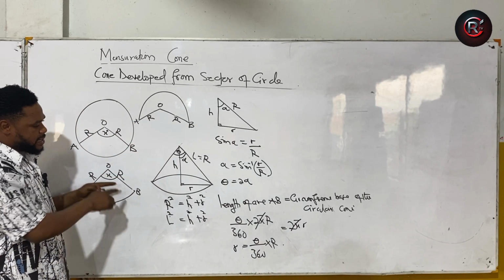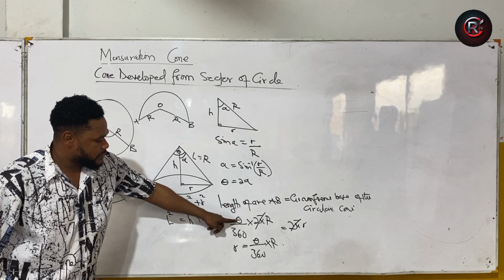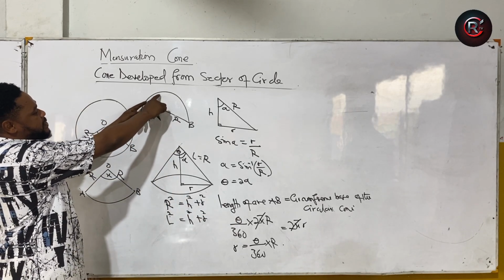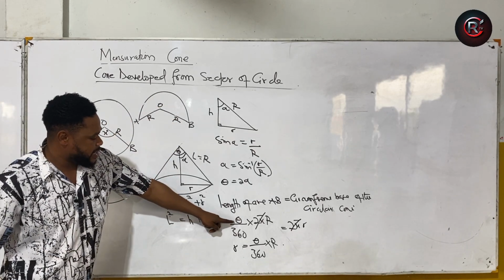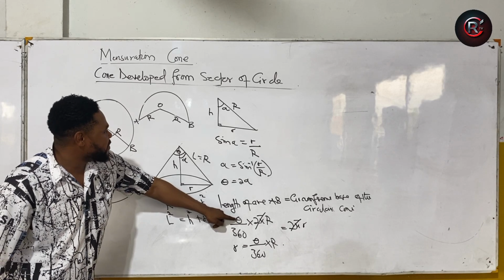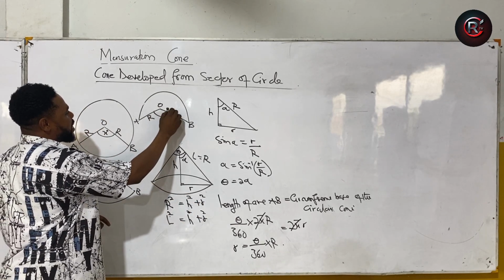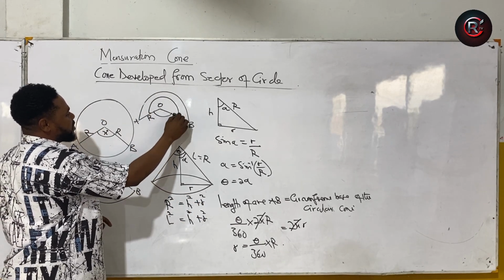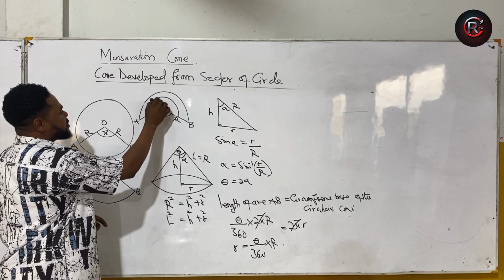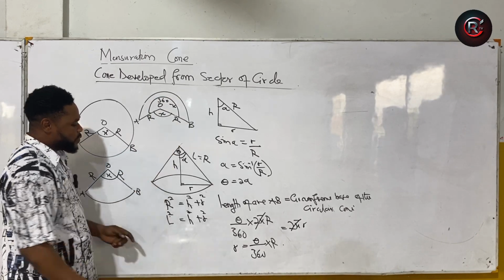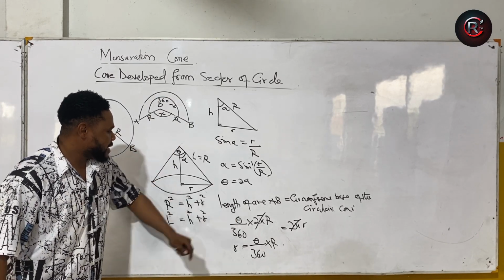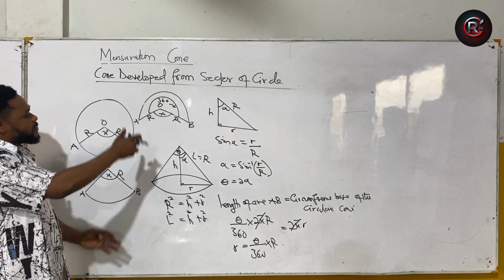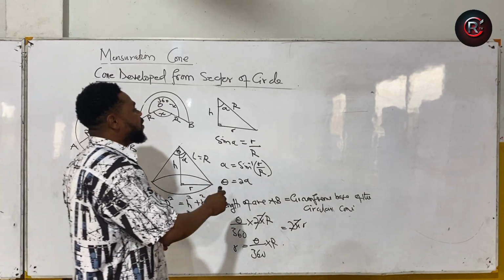And that is when we are using this sector to form the cone. Then the angle here will represent what we have here. If we are using this sector, then the angle here will be what we'll be having here. So whatever we have here, and we are looking for this, if this is x, then this will be 360 minus x. So we need to be very careful with this angle based on which part of the sector we are using to form the cone.